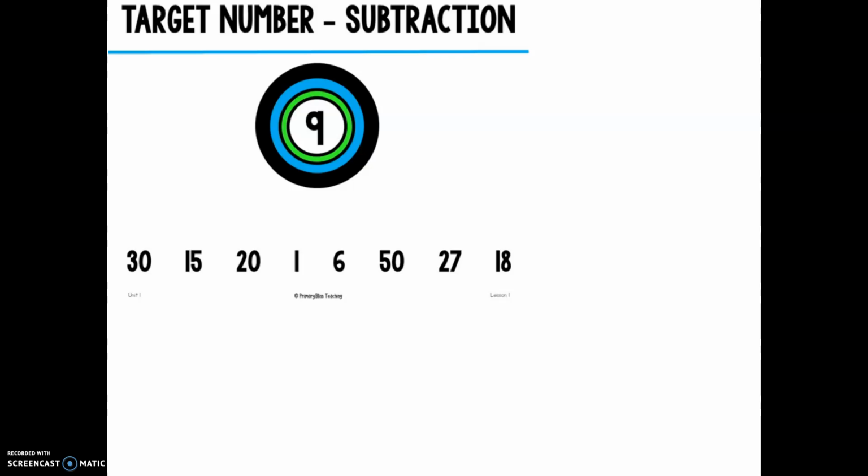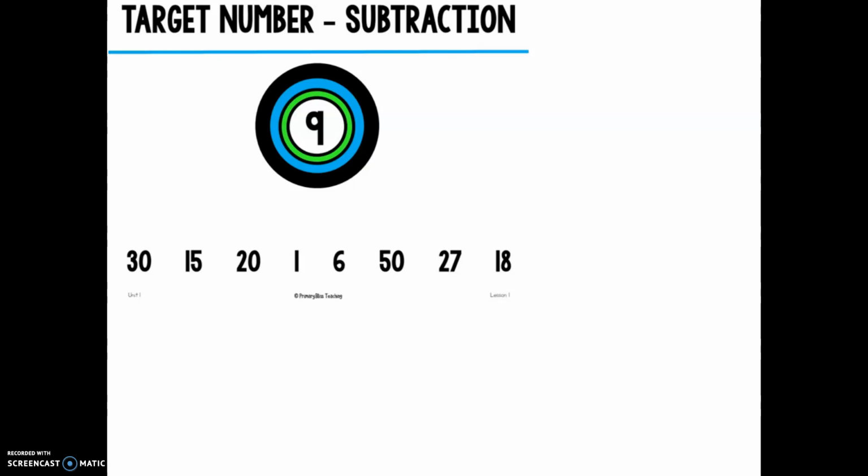You could use a number more than once. You could use 2 numbers. You could use 3 numbers. So go ahead and pause the video and see how many different ways you can make 9 using some of the numbers below. Okay, what did you come up with?